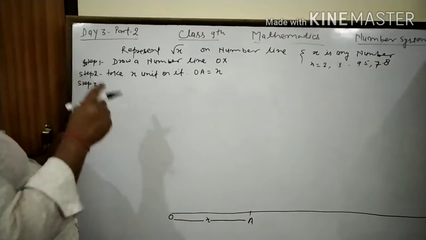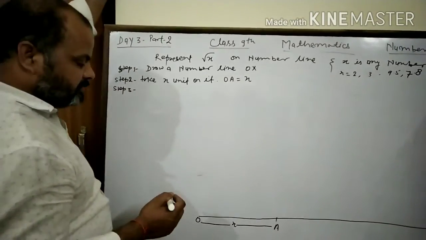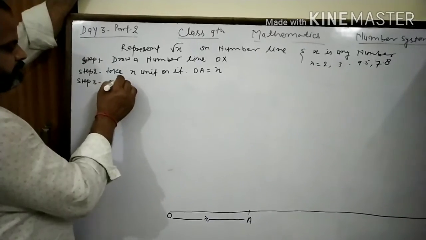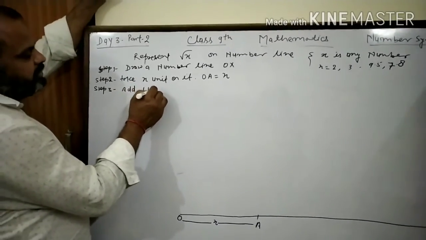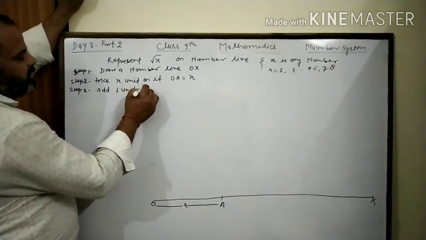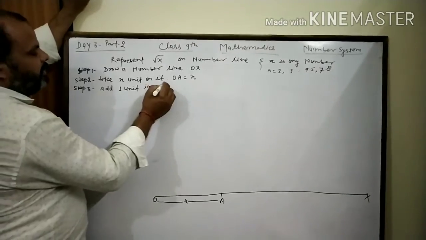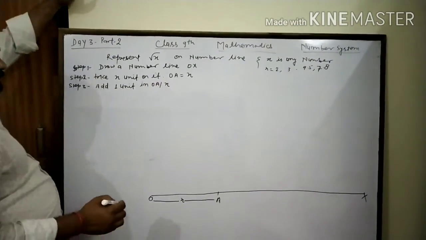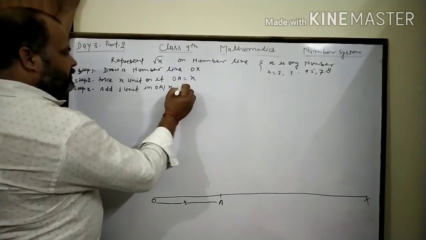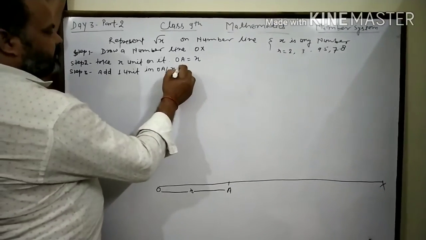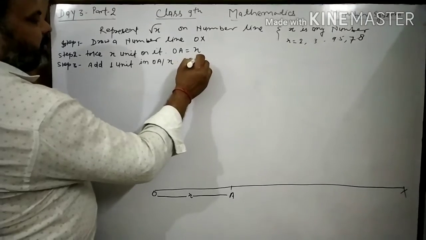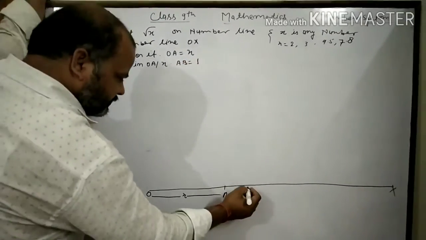Then step 3. If you can solve the question, then write the steps also. Add 1 unit in OA or x, such that AB is equal to 1 unit.